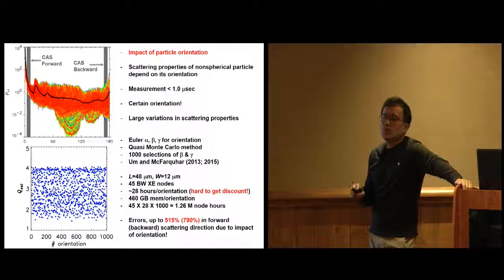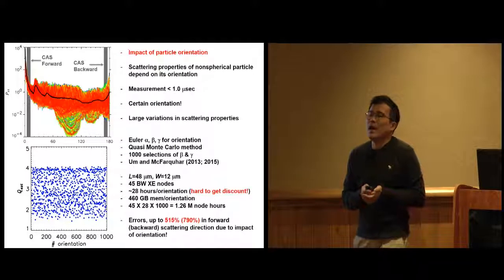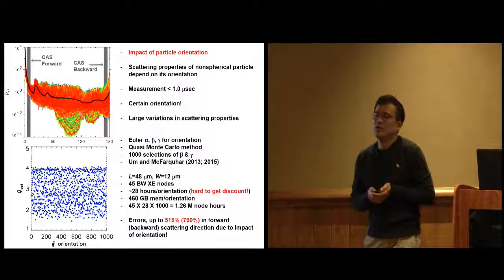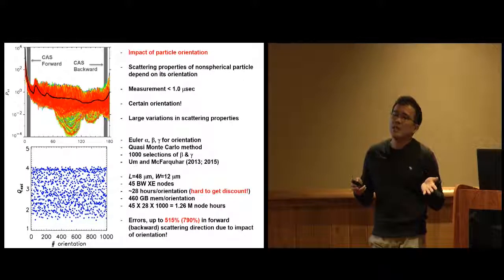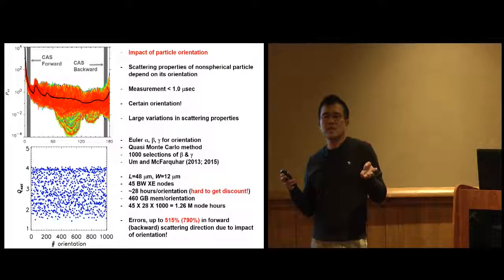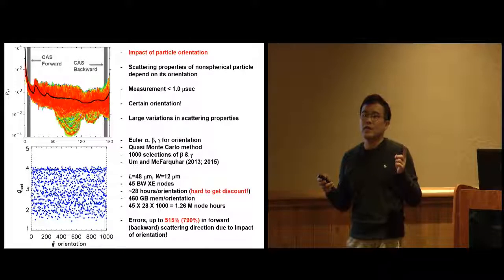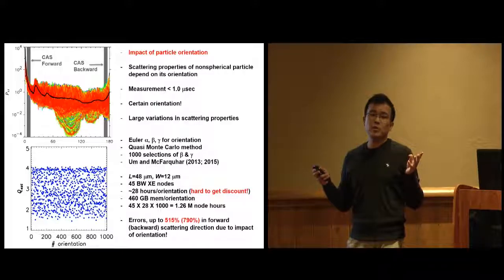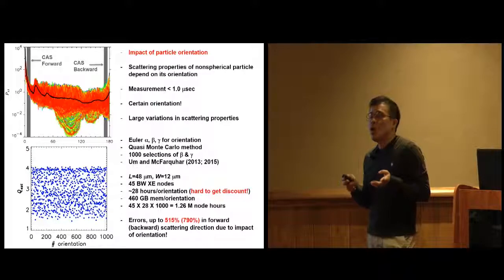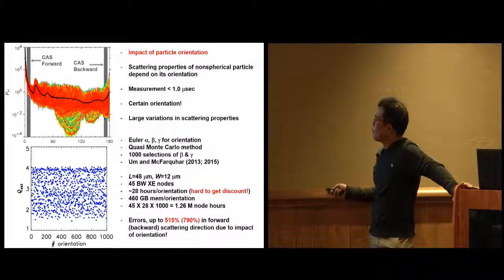We should consider these errors in forward scattering probe measurements. I want to emphasize that every cloud research aircraft has at least one forward scattering probe, and some of them have more than 2. So this is quite important for cloud measurement.